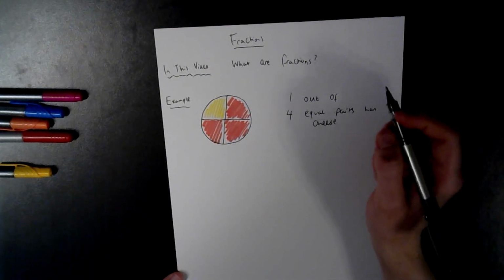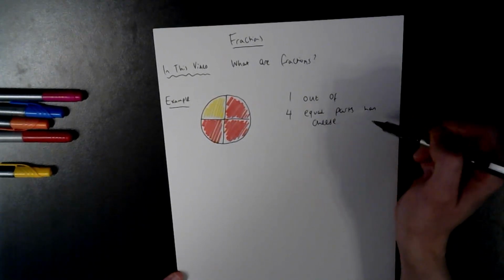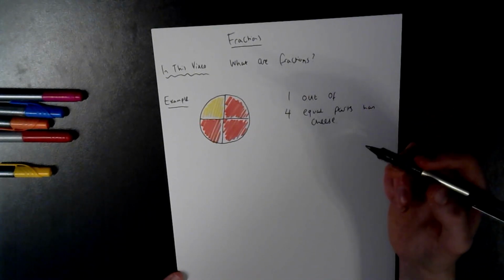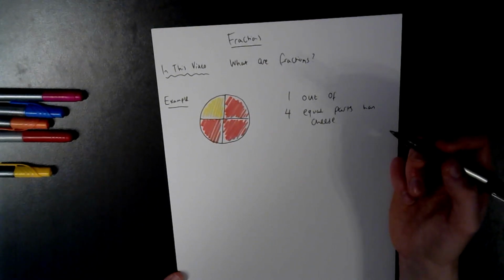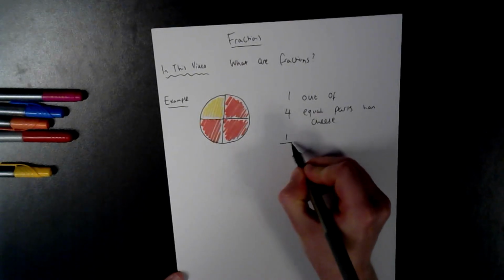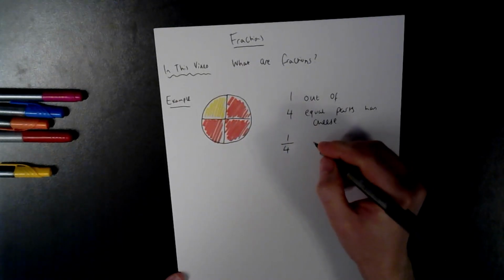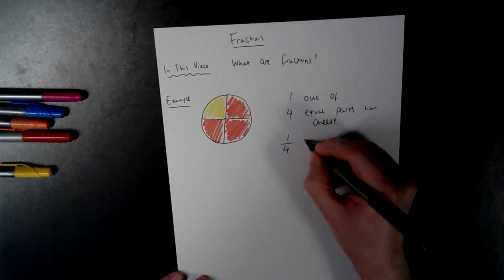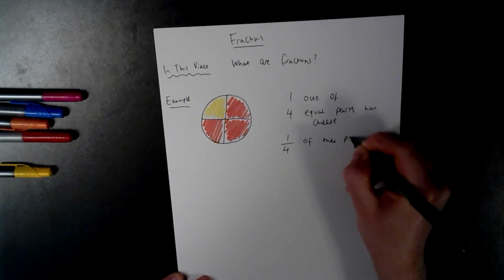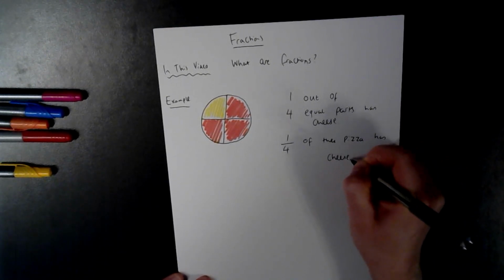And if we wanted to write this as a fraction, which is just another way of saying how many parts, we could say that 1 out of 4 slices of the pizza has cheese.